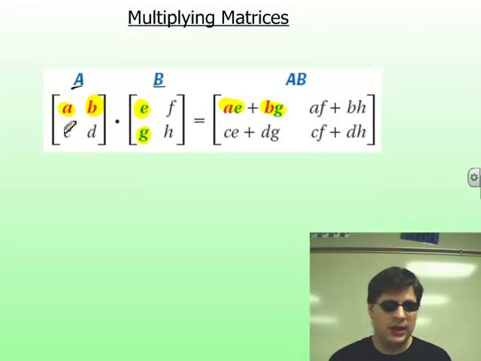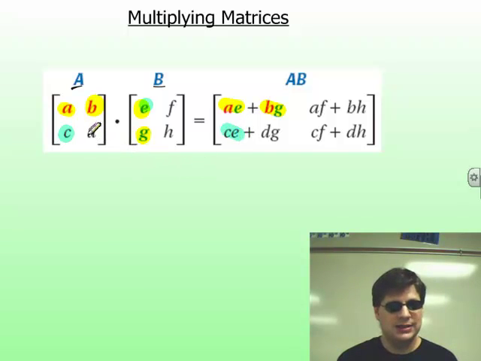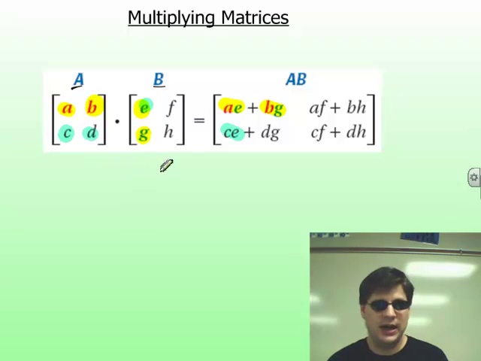by then multiplying C with E, and then we put that here. And then we're going to take D and multiply that with G, and we add that to CE here.